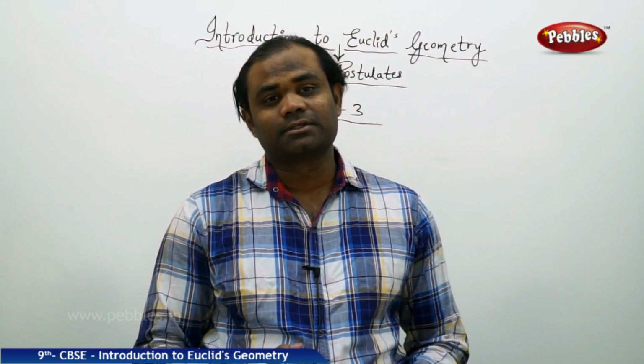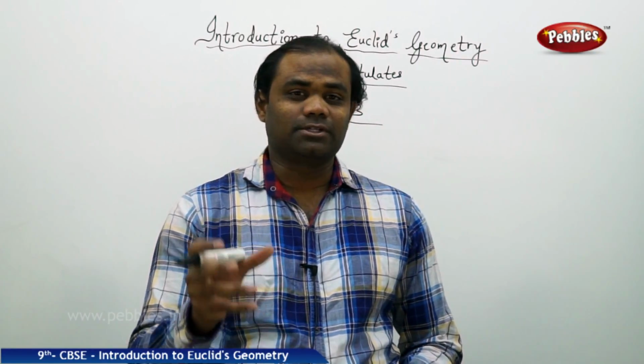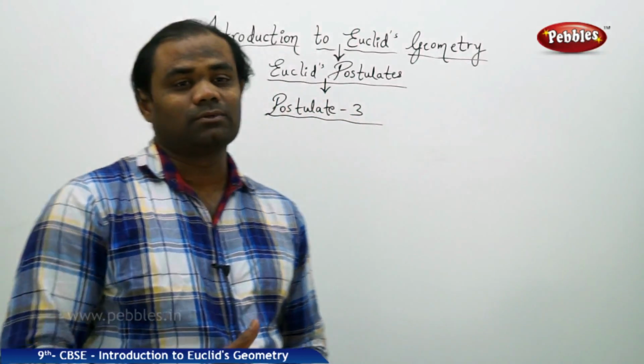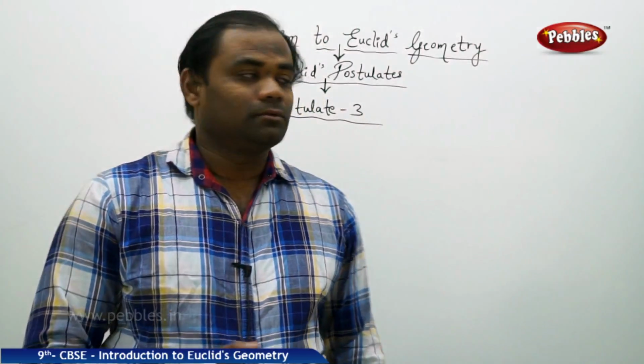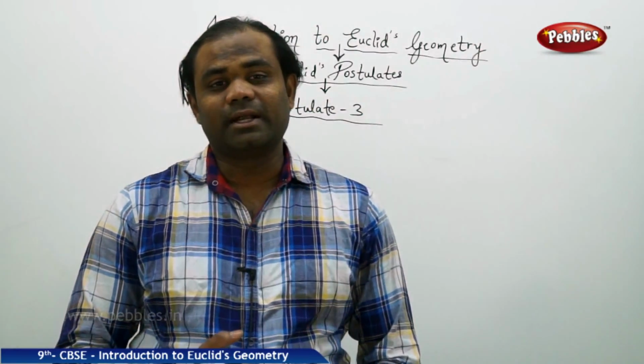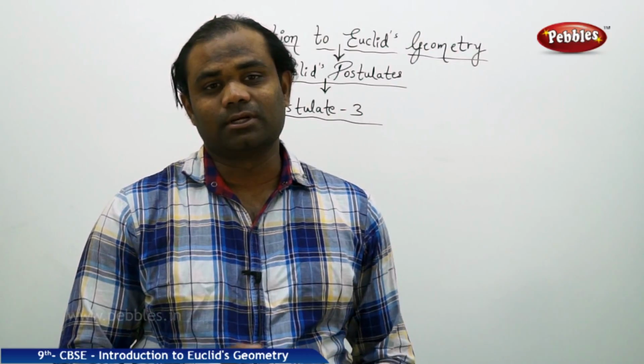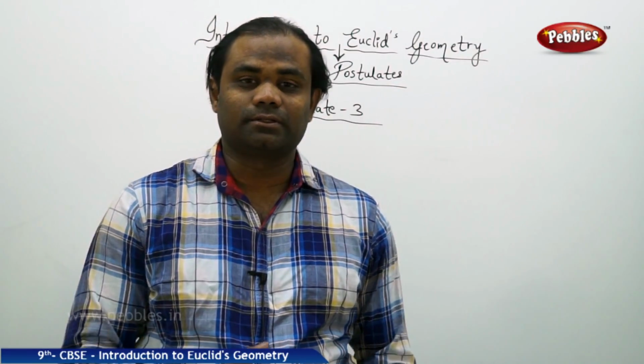As we have seen, a circle has a center and a radius, so Euclid investigated the circle with its center and radius, and hence came out with postulate number 3. Postulate number 3, as derived by Euclid, is dedicated to circles, the radius and the center.